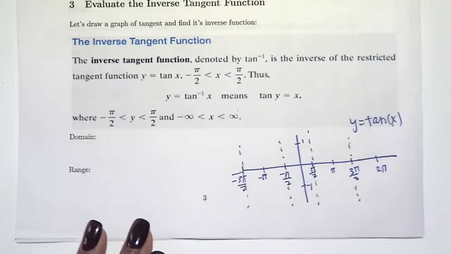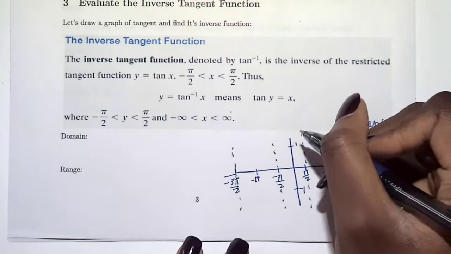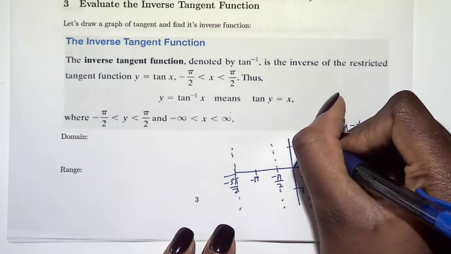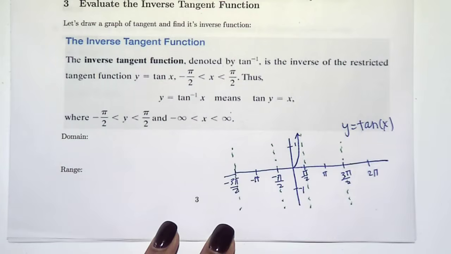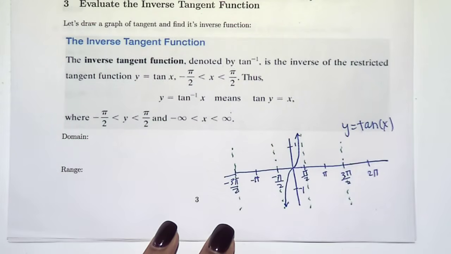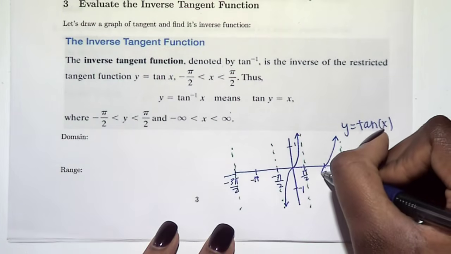So this is where our graph will not be defined. And in fact, what happens is, as we approach our asymptotes, our tangent goes up forever, and on the other side it goes down forever. So it looks like that on each side.